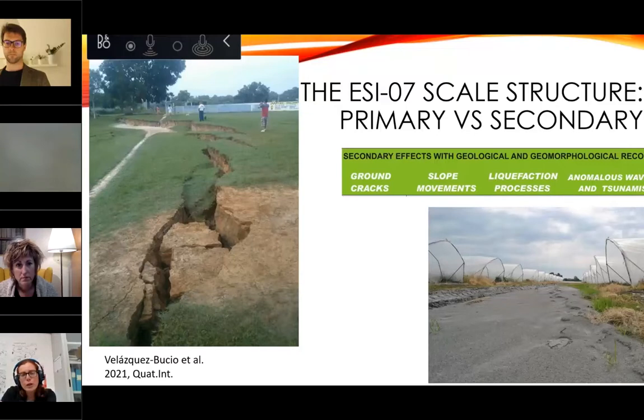There are a few additional secondary effects, like hydrogeological anomalies, like variation in the discharge of springs or appearance or disappearance of new springs, changes in turbidity, and so on. So all these types of effects are described in the intensity scale guideline, so one can look at the description and assign the precise intensity degree.